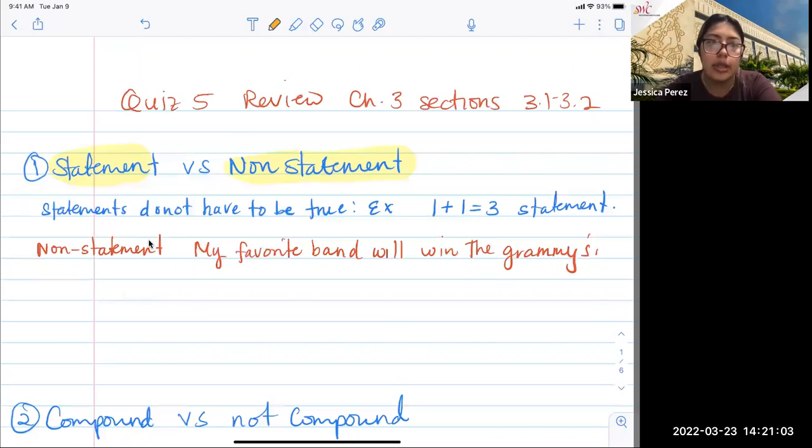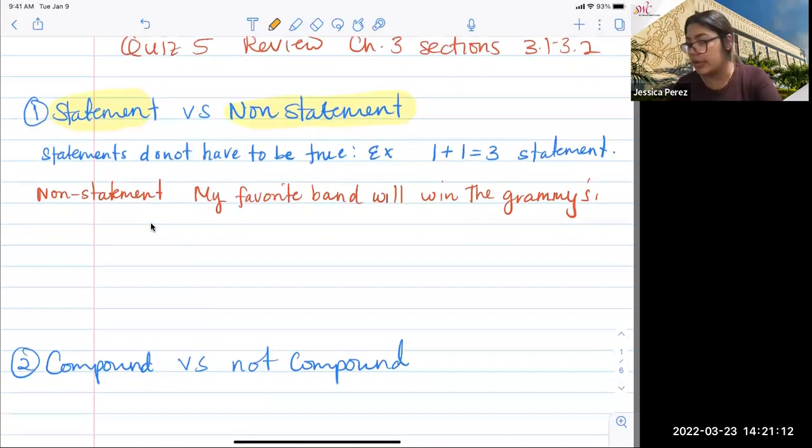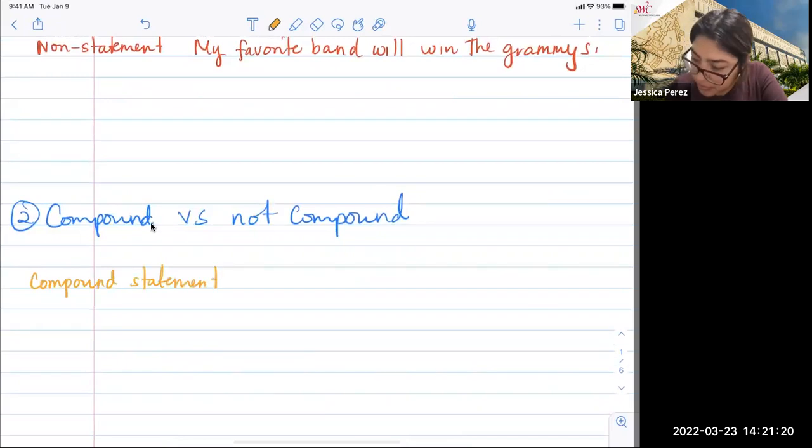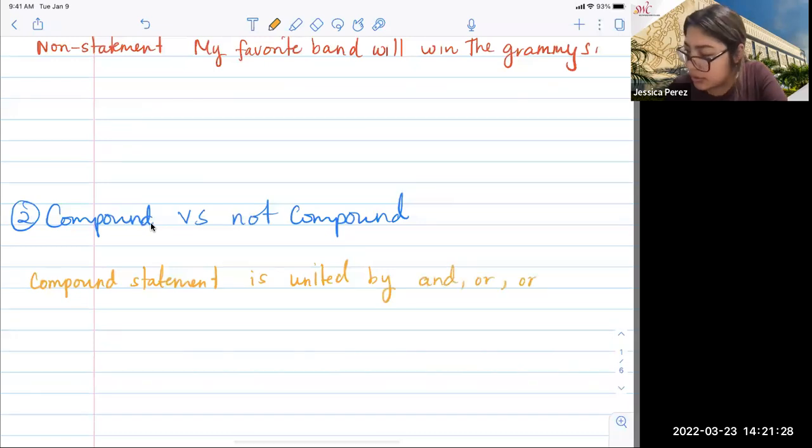Another thing that we want to decide is when we have a compound statement versus not a compound. A compound statement is united by an and, an or, or a not.